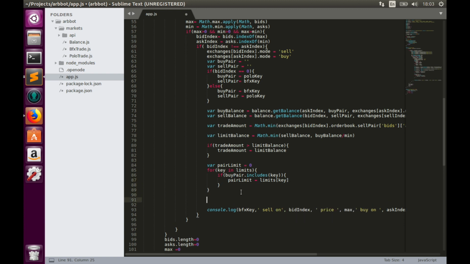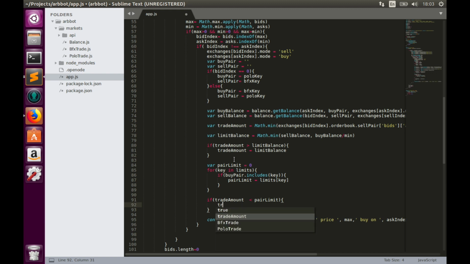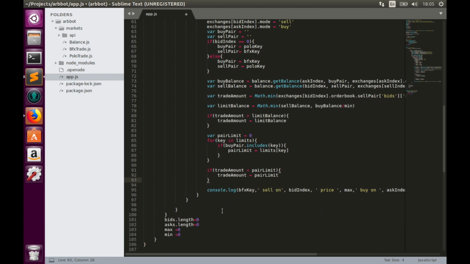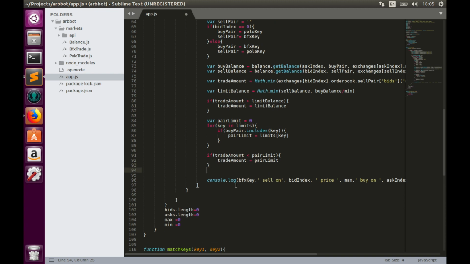Okay, and if trade amount is less than pair limit, then trade amount equals pair limit. And finally, let's double check whether we have sufficient balance to perform the trade.